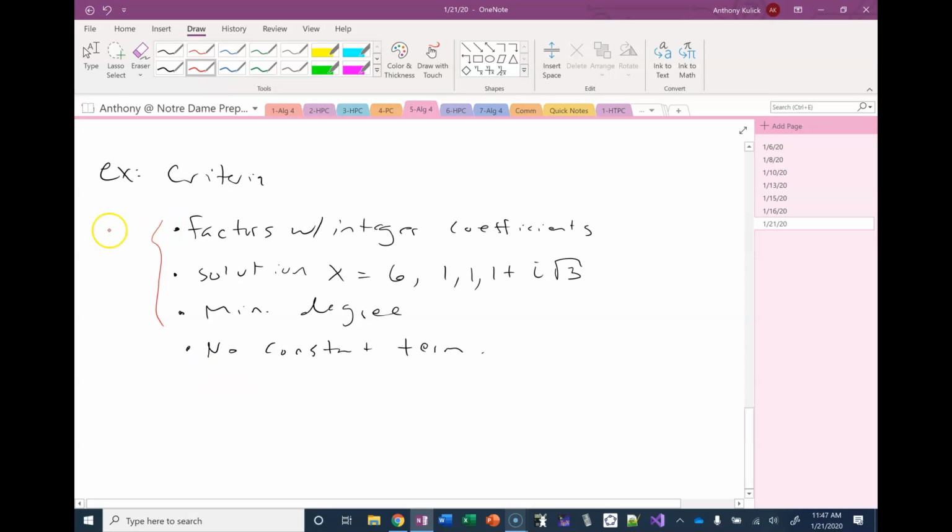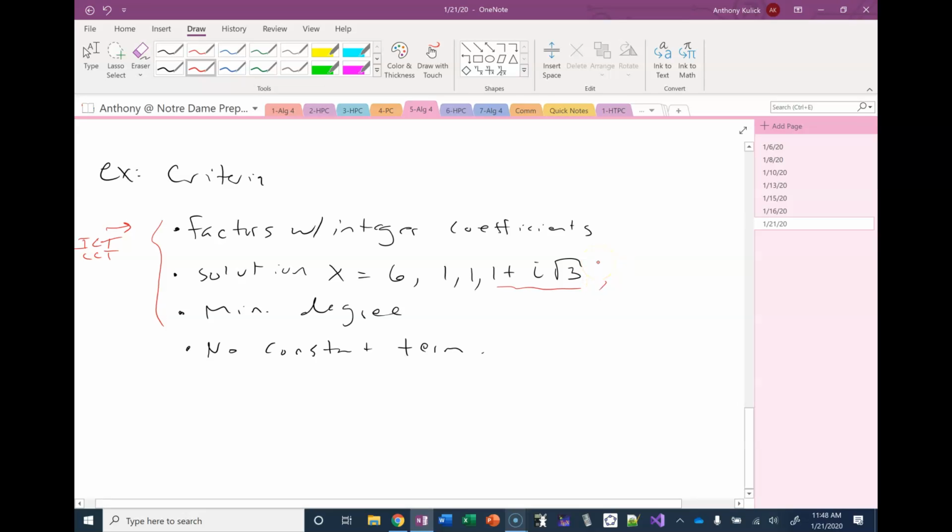So, again, we start here. I want to worry about the irrational conjugates theorem, and then the complex conjugates theorem. If I notice, there's only one solution there that's an issue: 1 plus i square root 3.